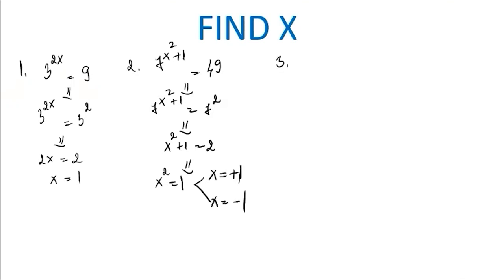The third case: 4 to the power of x minus 3 multiplied by 2 to the power of x plus 2 equals 0. Here, I am going to rewrite 4 to the power of x as 2 to the power of 2, everything to the power of x, which equals 2 to the power of x, everything to the power of 2.